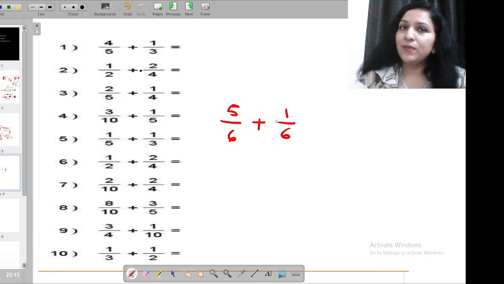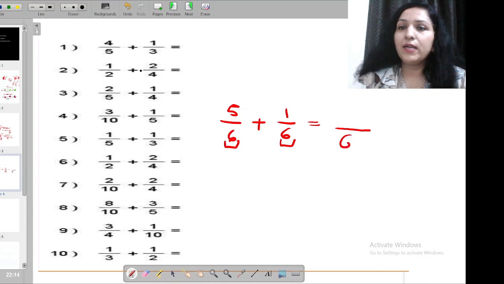Are they like fractions? I told you in the beginning of this session that if the denominator is the same, these are like. Please remember, only like fractions can be added and subtracted. These are like fractions. So what you are going to do, 6 plus 6, 12, you will not do.